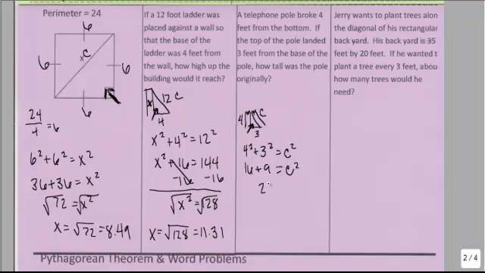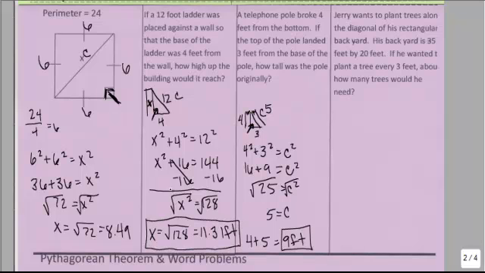That is 25 equals C squared. Take the square root of both sides. And C is 5. Now it's asking how tall was the pole originally. So we have to add this part that broke off to this part here that was 5. So 4 plus 5 is 9 feet. This one was feet also. Make sure to put your units whenever y'all do your answers.